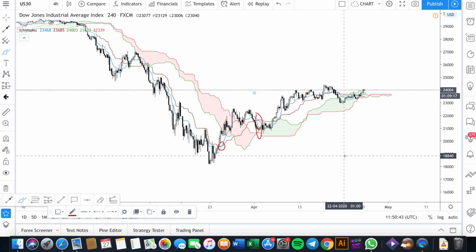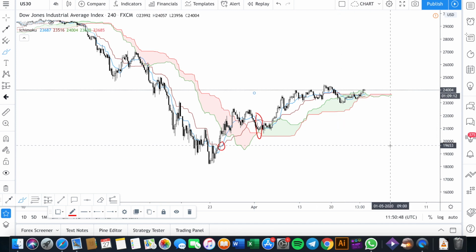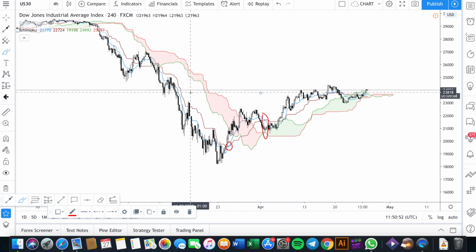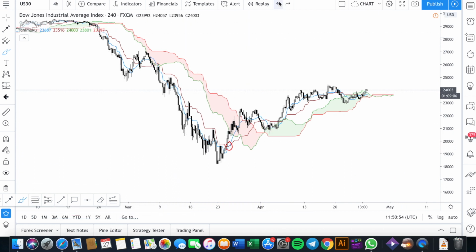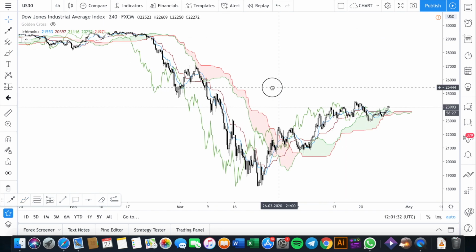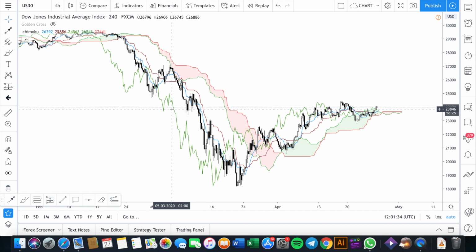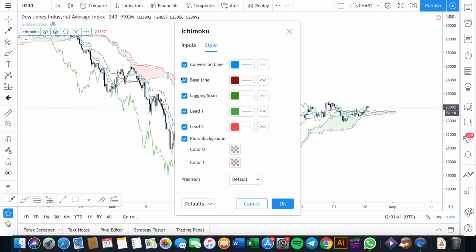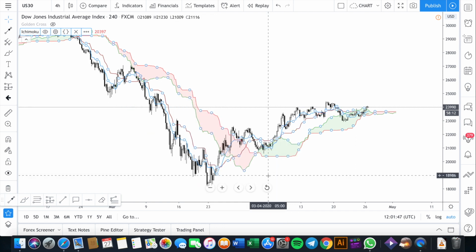First, the trend is bullish as defined by the cloud. Second, the Dow pulls back with a move below the baseline. Third, the Dow Jones turns back up with a move above the conversion line. All right, so I repeat, when we see that the cloud is above the price, it means that the price is going down.